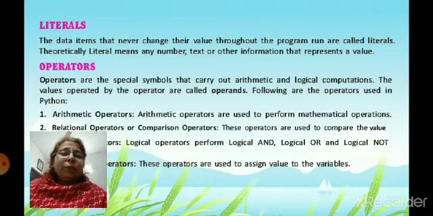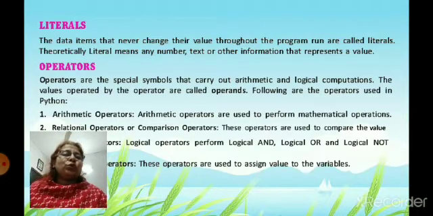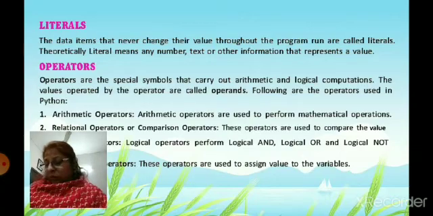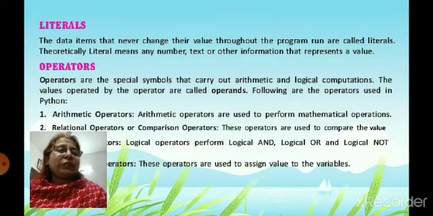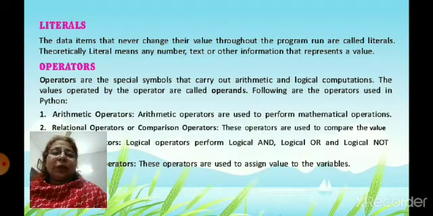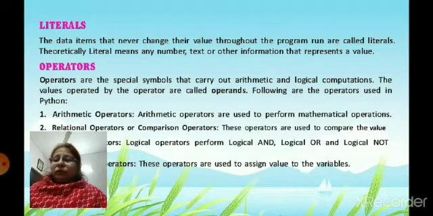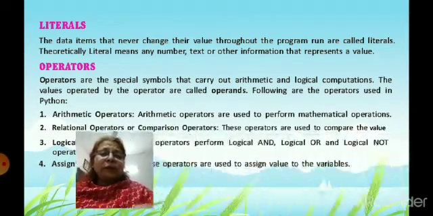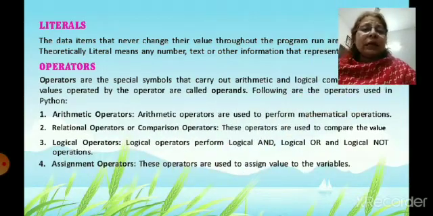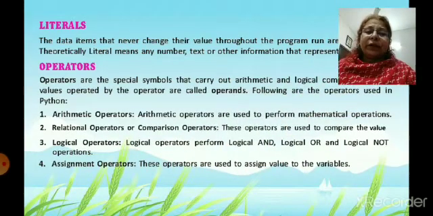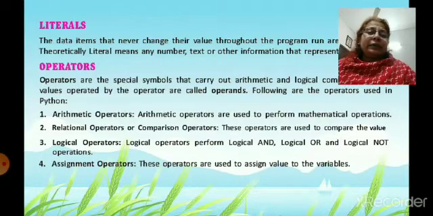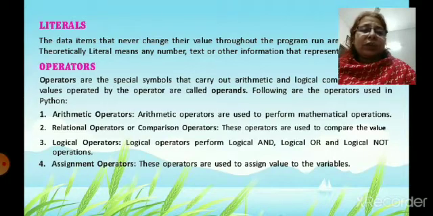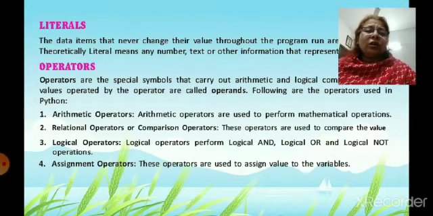Okay. Operators are used to do the calculation or the process part in Python programming. There are 4 types of operators in Python: arithmetic operator, relational operator, logical operator, and assignment operator. As the name defines, arithmetic means addition, subtraction, these types of calculation.